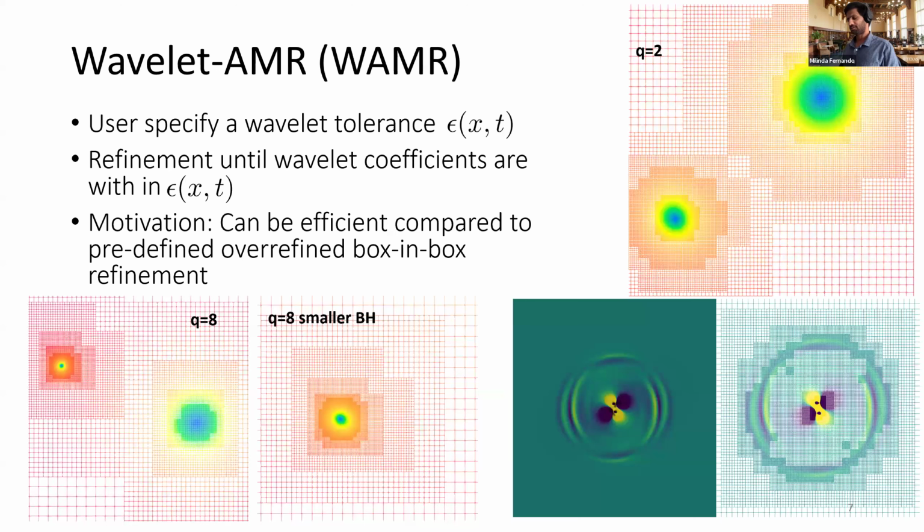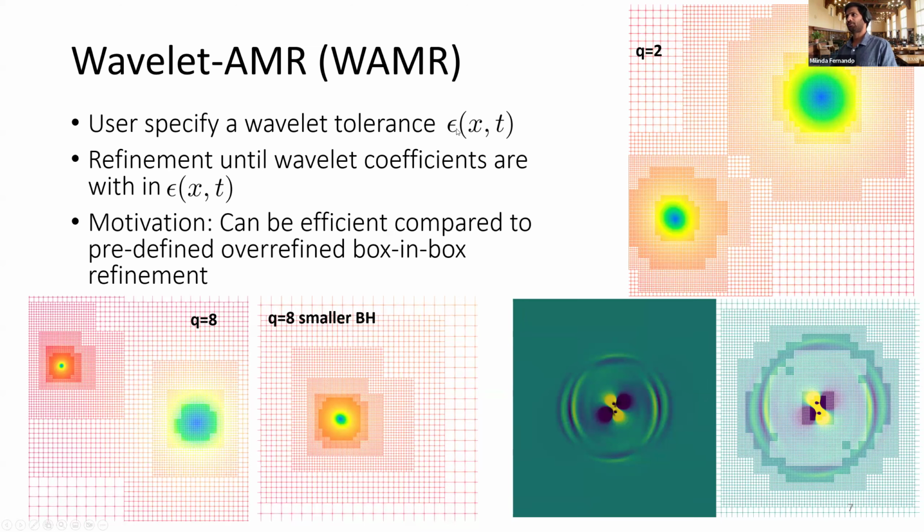So how do we drive our refinement in our simulations? Instead of defining predetermined refinement levels in our regions, in the wavelet AMR we specify a wavelet tolerance, which says how much error we can tolerate when we are reconstructing from the coarser level.